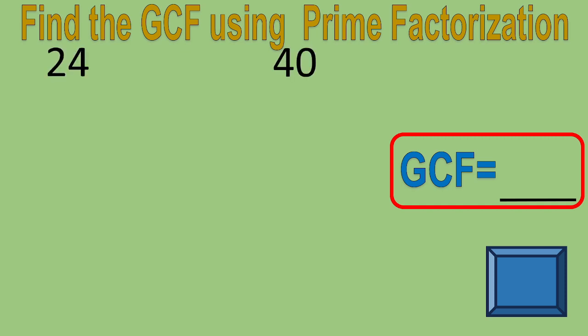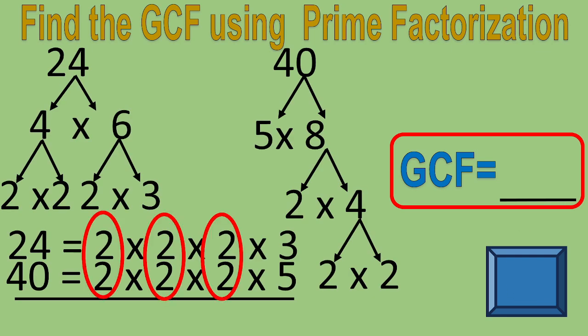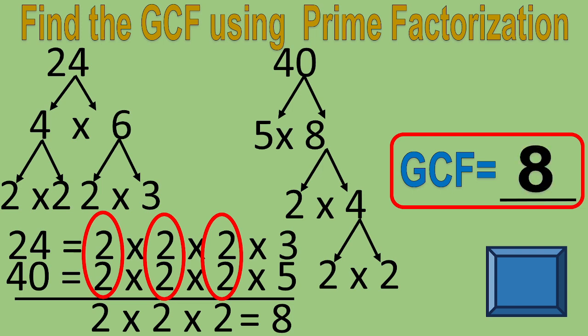Another, 24 and 40. Time's up. The common prime factors are 2, 2, and 2. So, 2 times 2 times 2 equals 8. So, the greatest common factor is 8.